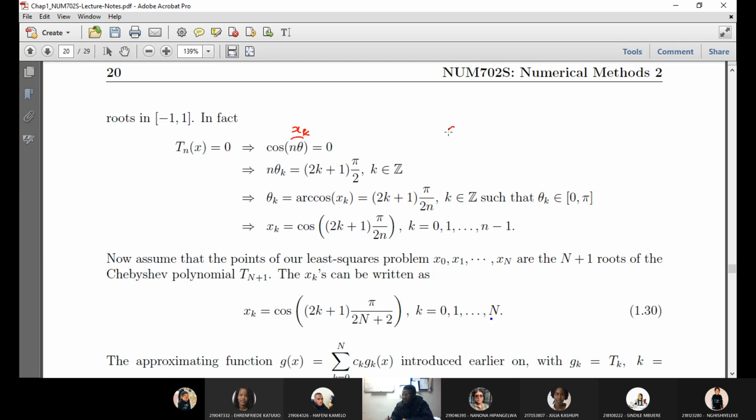So if cosine xk is equal to something, this one, that's 0, and then we wrote that our xk is this one, n theta k, like this.